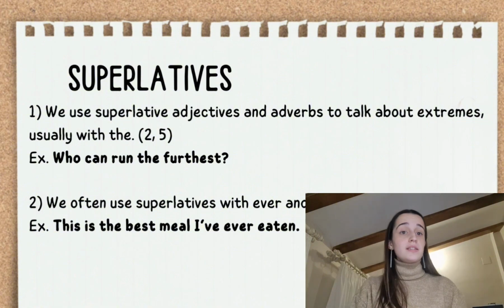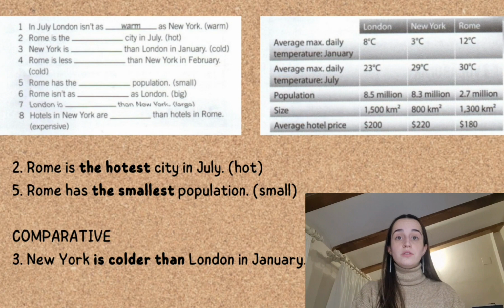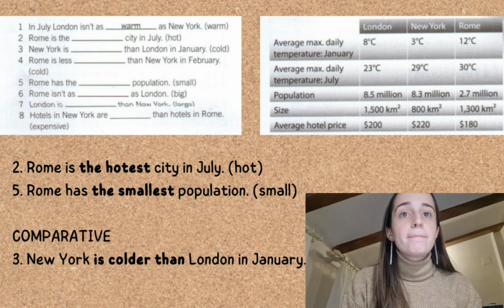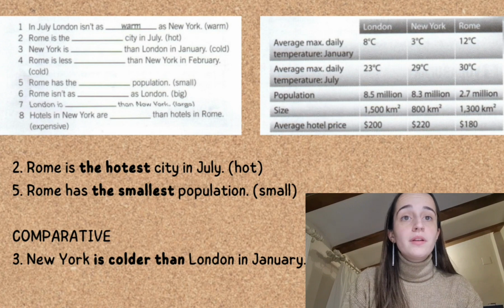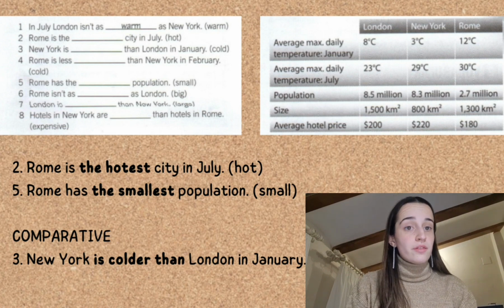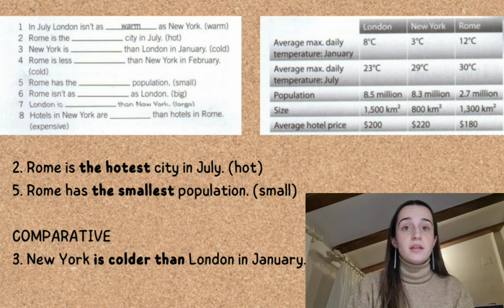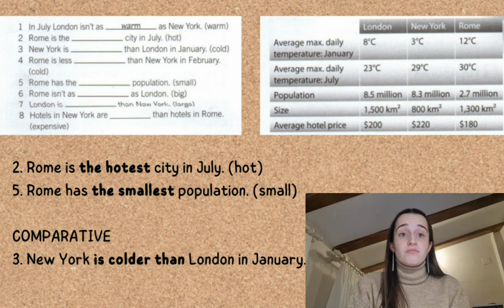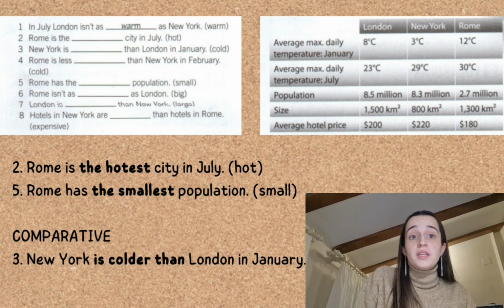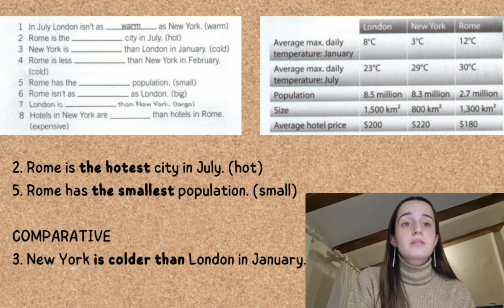Okay, sentence 2. Rome is the hottest city in July. Why? Because in July, Rome has a 30 average max daily temperature, but the rest have 23 and 29, so it is the hottest.